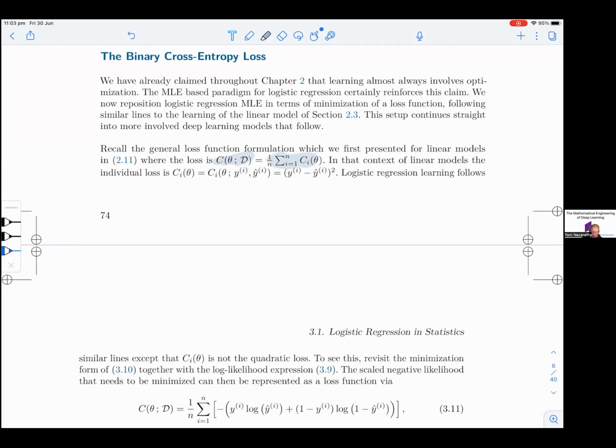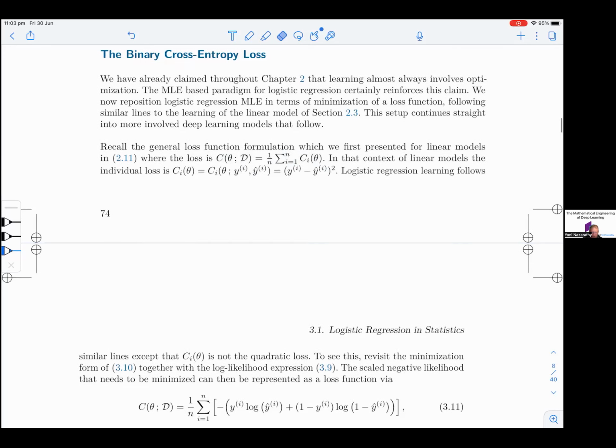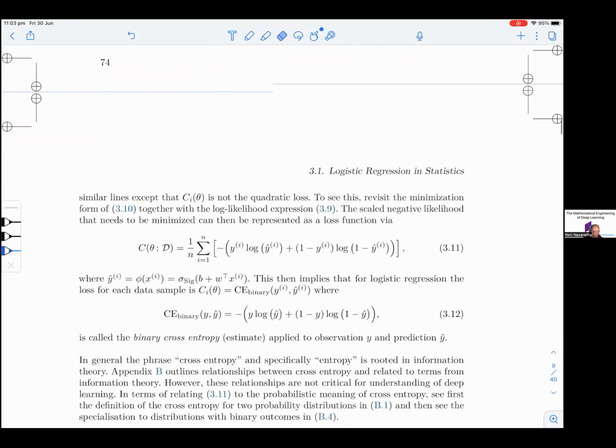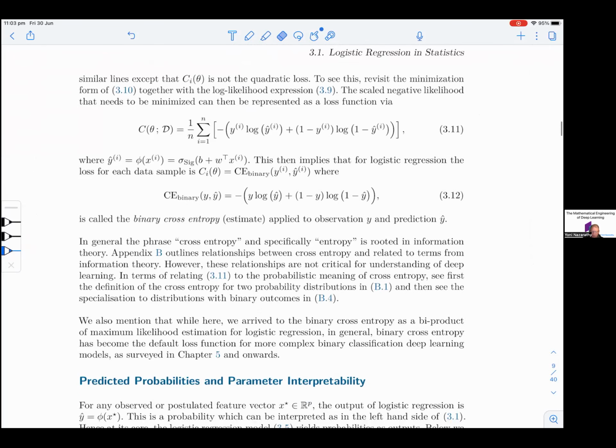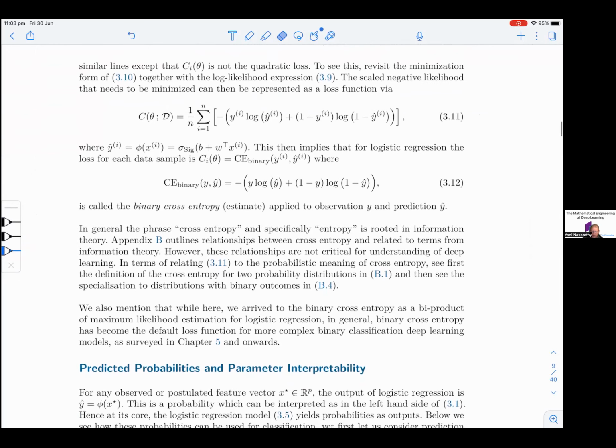In that context of linear models, the individual loss Ci(theta), which depends on the label yi and the predicted label y hat i, was the square error. Logistic regression learning follows similar lines, except that Ci(theta), the individual loss for an observation, is not the quadratic loss. To see this, revisit the minimization form of 3.10 together.